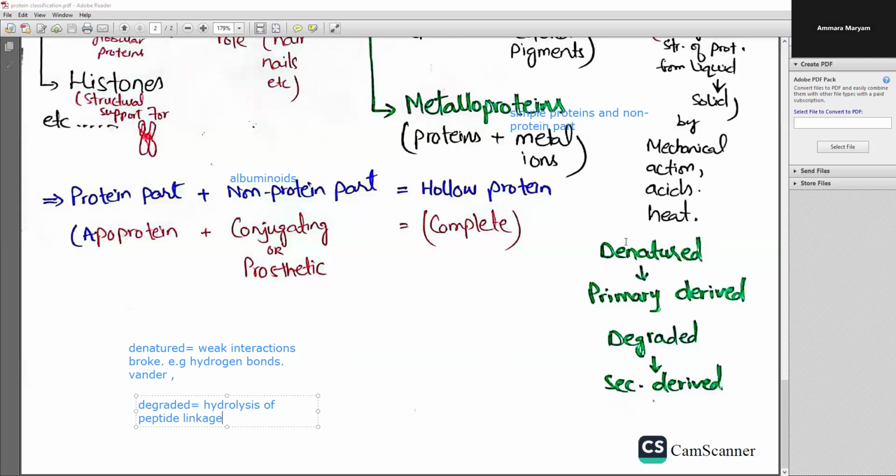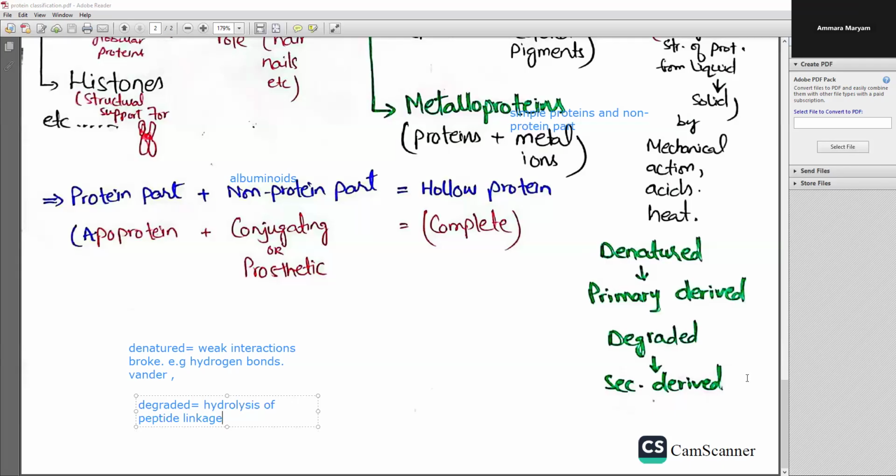These denatured products can be classified as primary derived proteins, and degraded products can be classified as the secondary derived proteins. Okay, so these derived proteins can be further classified into primary derived proteins and secondary derived proteins.